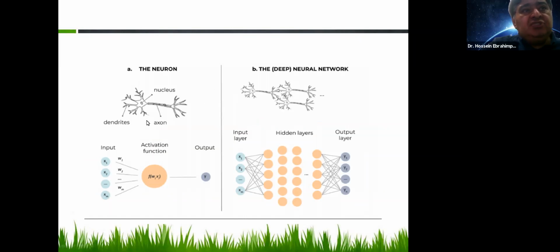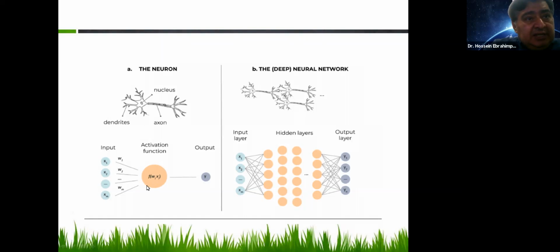So when each neuron gets a specific amount of ions at the nucleus, then it can send the output to the axon. We say the neuron gets triggered or fired. So when the neuron fires, the output comes to the axon. Before that, you don't have any output in the axon. So this neuron is off.